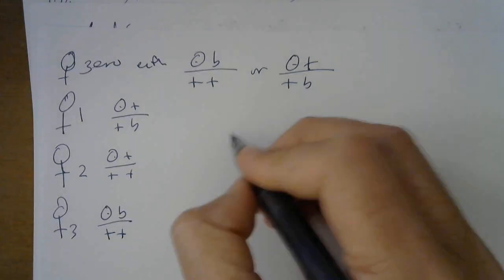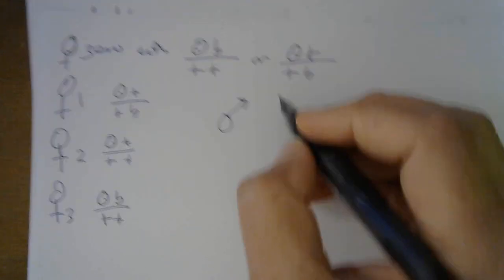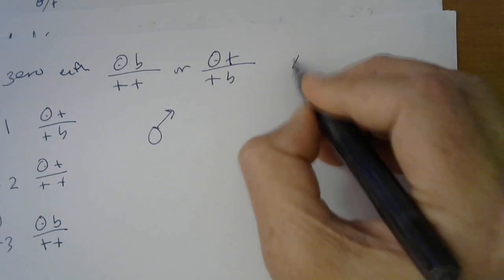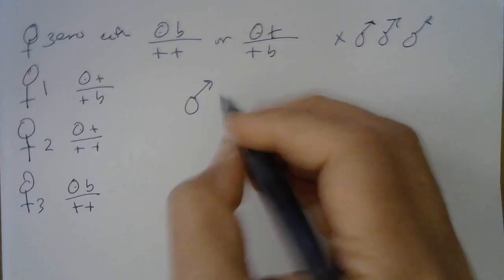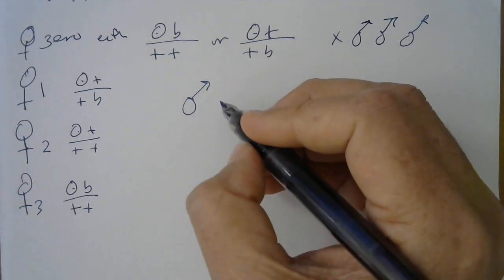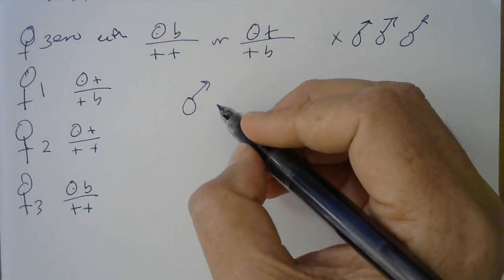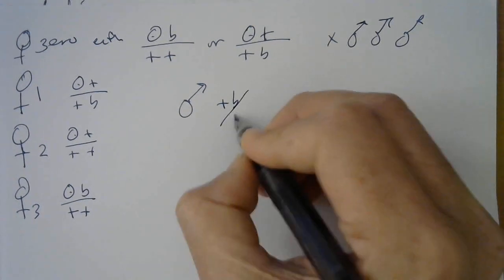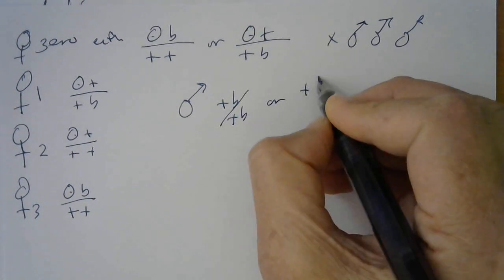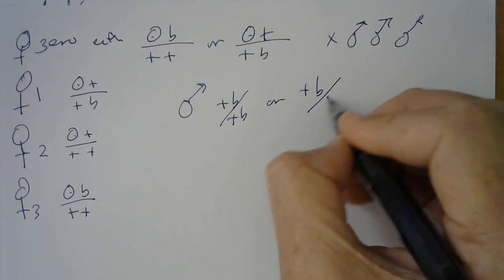configuration. And the male in question, so there are multiple males, and the male used here that was black was either this or, if X-linked, this.